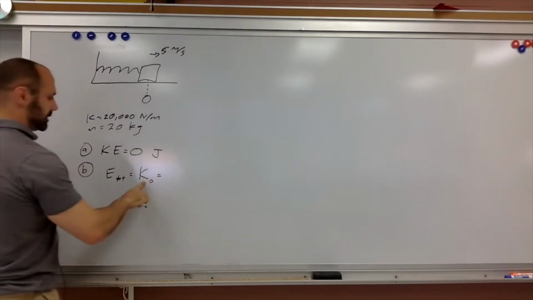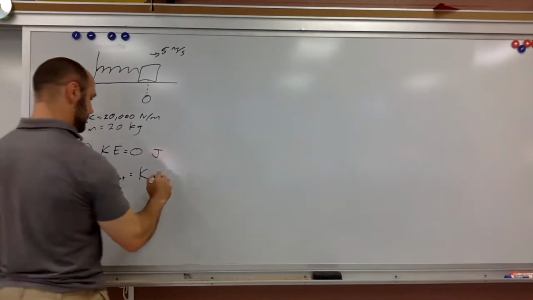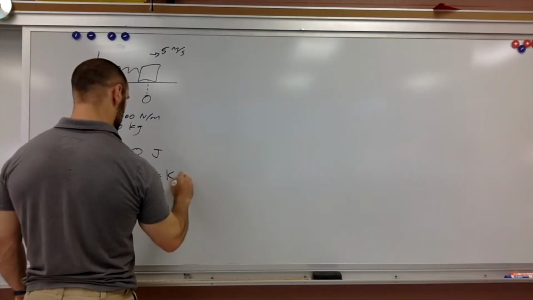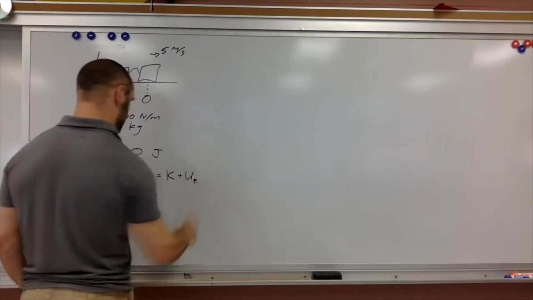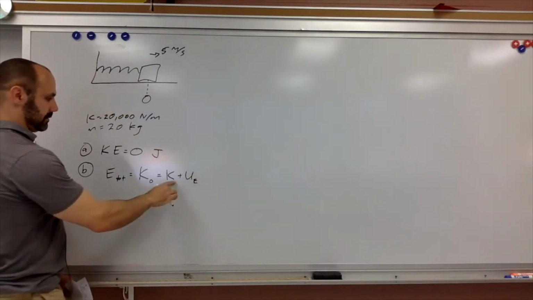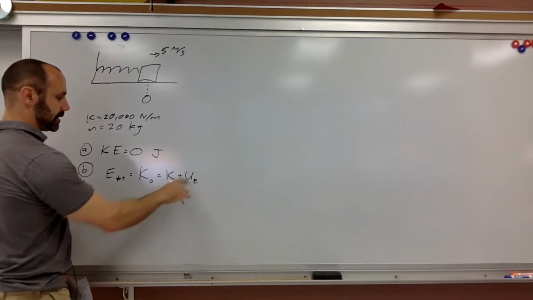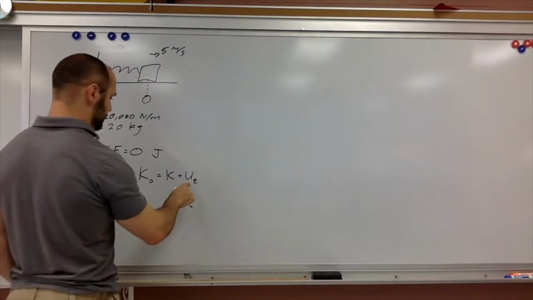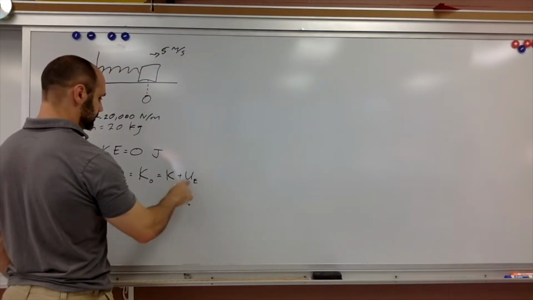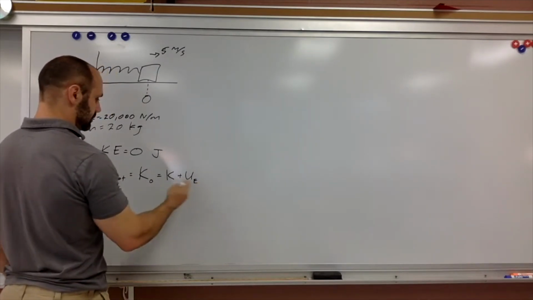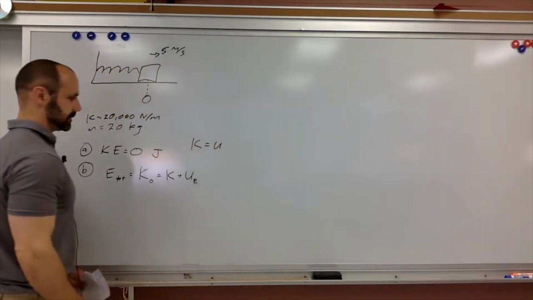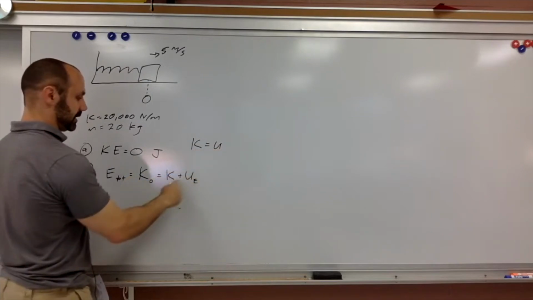And then what I want to know is where the kinetic energy is equal to the elastic potential energy. Since K and U are equal to each other at whatever point this is, I'm just going to set K and U equal to each other. Since K equals U, I can substitute one of these in here.